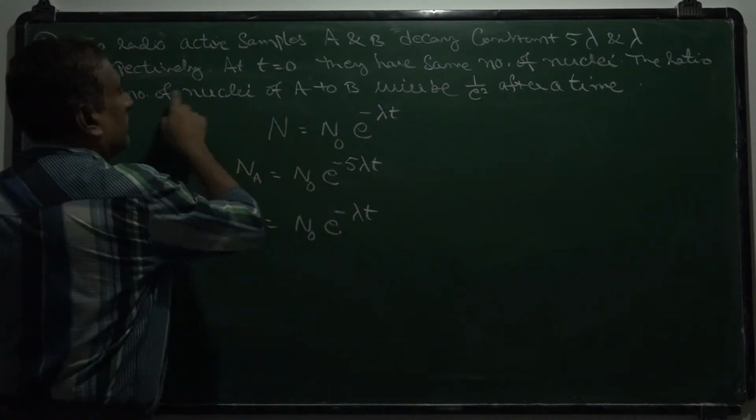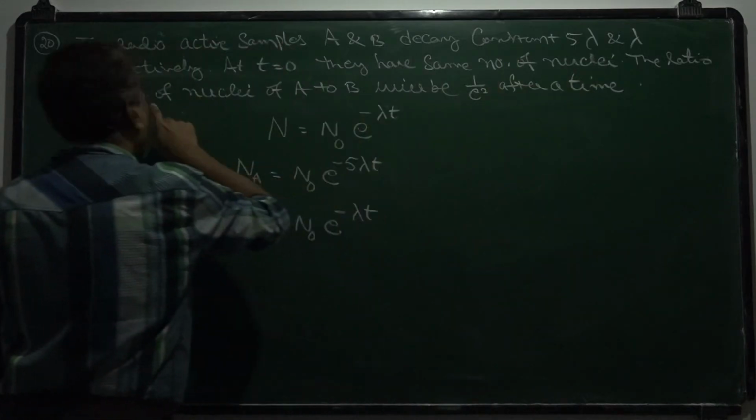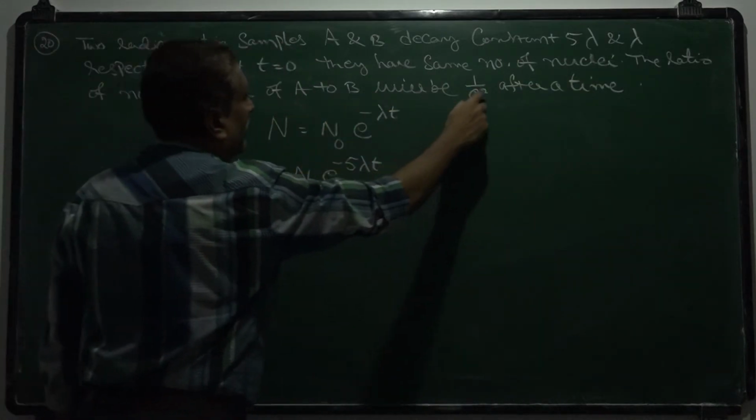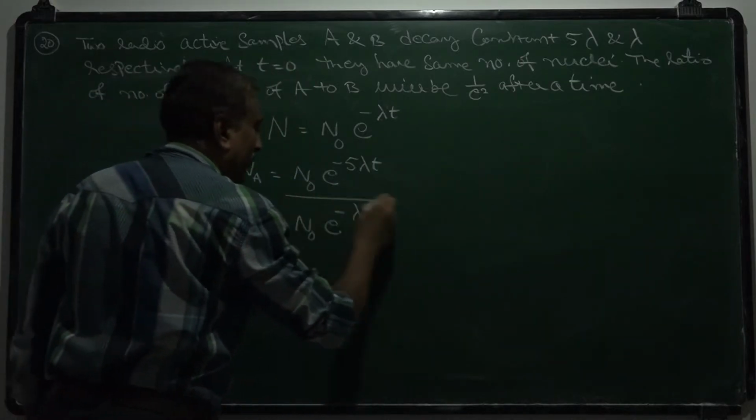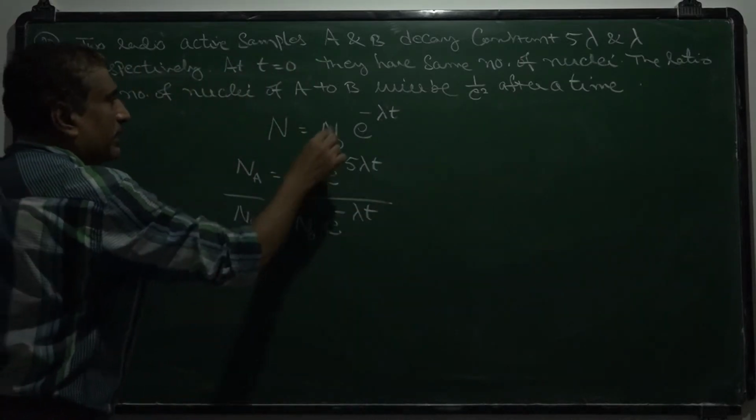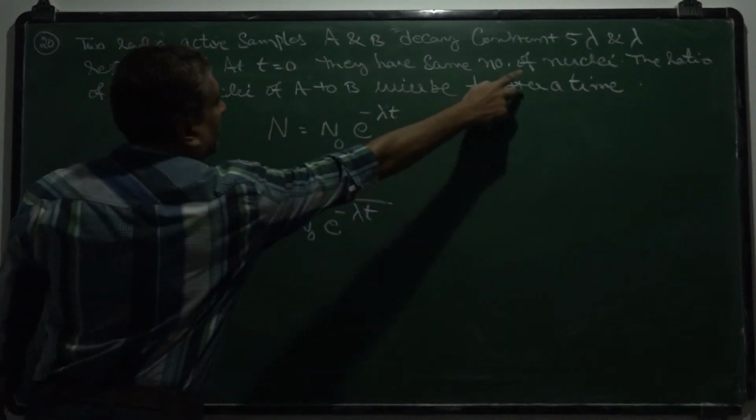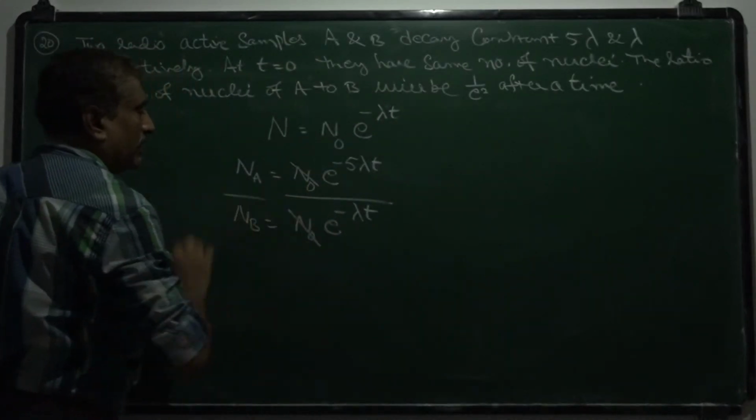Now the ratio of number of nuclei of A to B will be 1 by e square after a time. If we find the ratio of these two, as N0 is equal because at t equal to 0 they have the same number of nuclei, so N0 is the same.